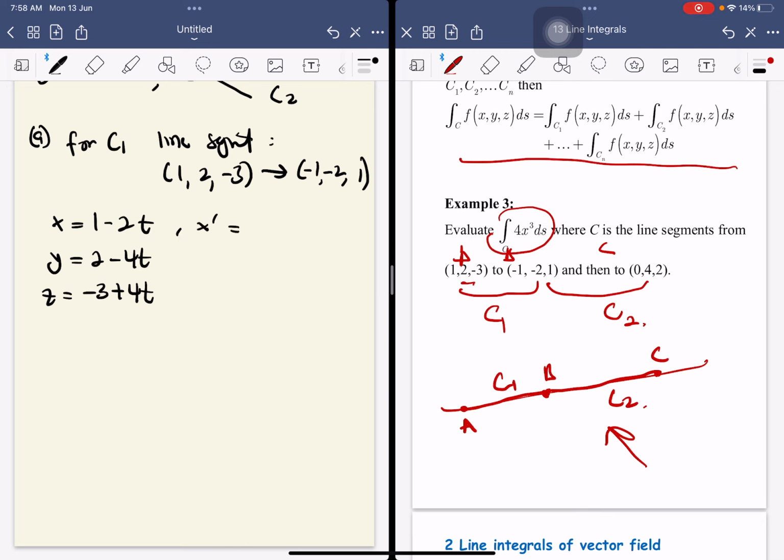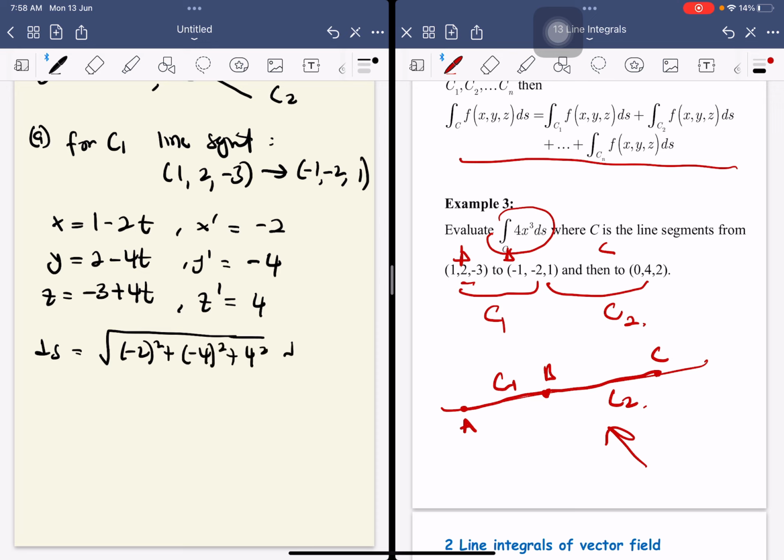If we find the derivatives, we get x prime is -2, y prime is -4, and z prime is 4. So ds is the square root of (-2) squared plus (-4) squared plus 4 squared dt, which gives 6 dt.